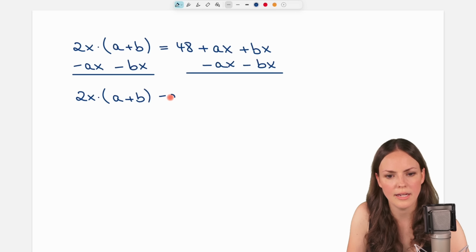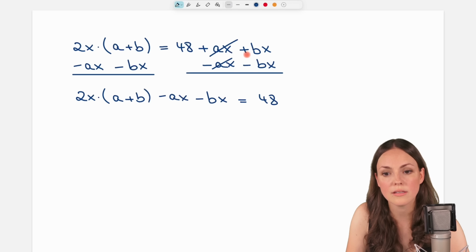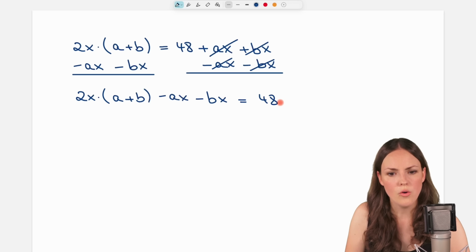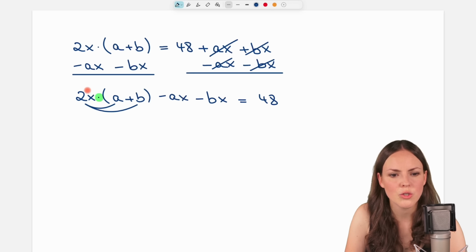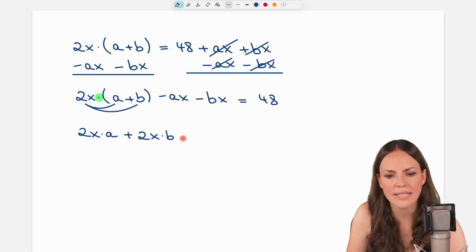We subtract ax, and we also subtract bx, and on the other side we only have the 48 because all of this disappears. Okay, maybe so that we can simplify things a little bit, let's get rid of these parentheses here by multiplying the 2x by everything inside. So we get 2x times a first, which is 2x times a, plus 2x times b, which is 2x times b, minus ax minus bx, and the 48 on the other side.